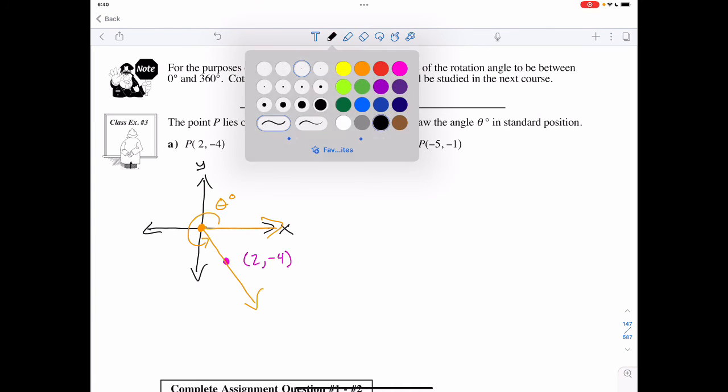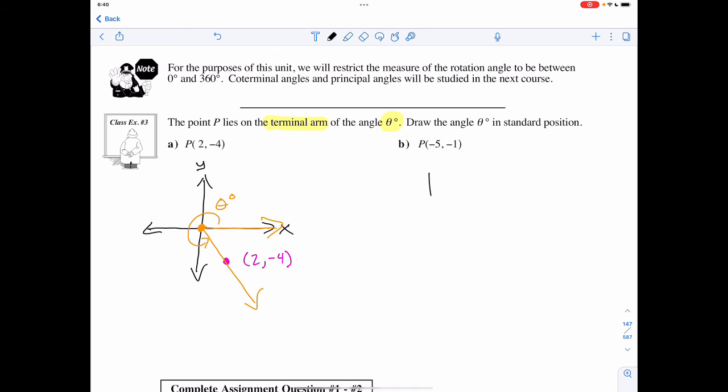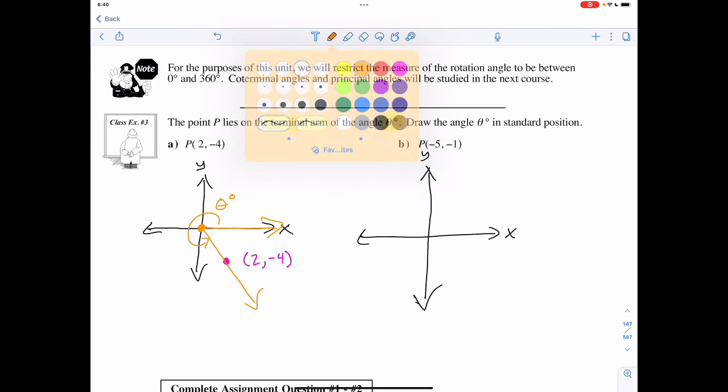For the next example, we do the same thing. I have my y, I have my x. I'm going to find that point of -5 and -1.